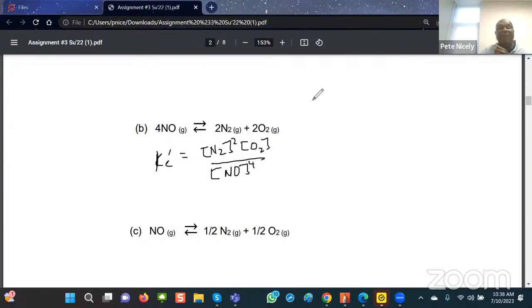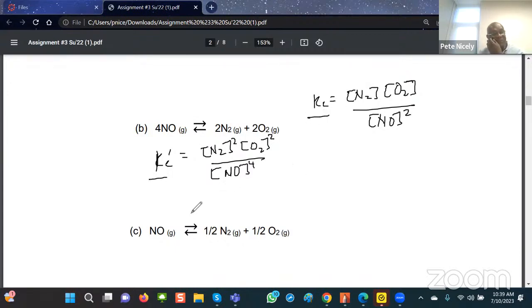Now, Kc for the original equation, I'm going to write up here. Kc for the original equation is the concentration of N2 times the concentration of O2, and by the way, this should be squared, can't forget that, all divided by the concentration of NO squared. So based on Kc prime and Kc, what's the relationship between the two?